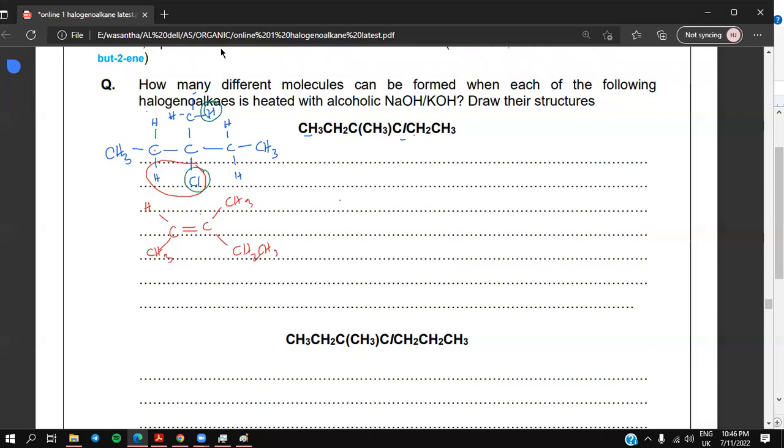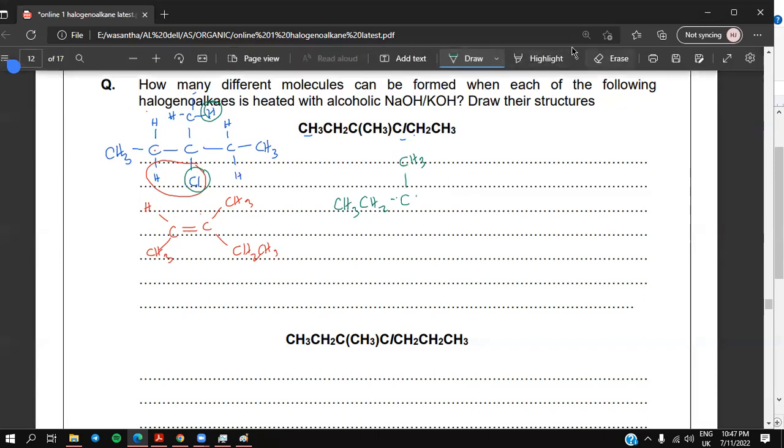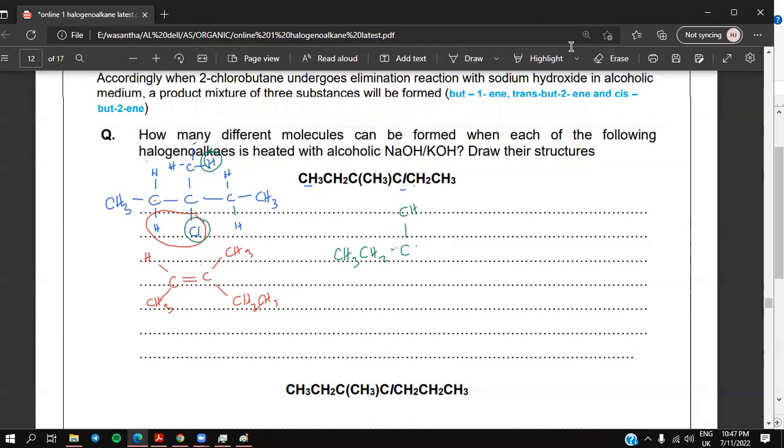All right, CH3, CH2, here we have one carbon, CH3, CH2, CH3 up there, because I'm showing this chlorine going with that hydrogen.